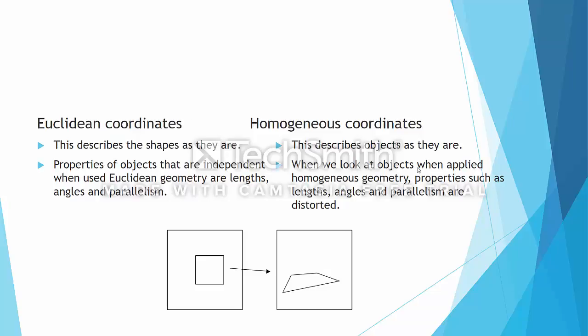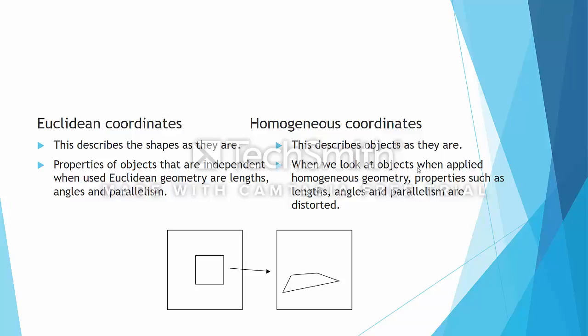Now we see a comparison between Euclidean coordinates and homogeneous coordinates. It is a mathematical system attributed to Euclid. It pretty much says that one line may be drawn through a given point parallel to a given line. This geometry describes shapes as they are, whereas in homogeneous geometry the objects are described as they appear.